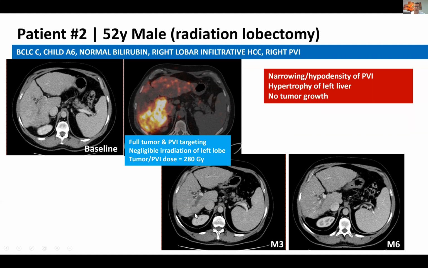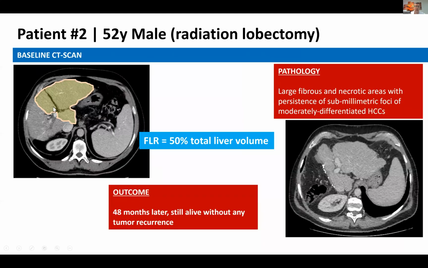Look at what happened. You can see here at 3 months that the right liver lobe has decreased, has shrunk. And you can see here the portal thrombosis, which has become hypodense and much smaller than previously. And if we look at the future liver remnant, it has increased as well. Then we did a volumetry. In this case, we also did a technetium-99m mebrofenin scintigraphy.